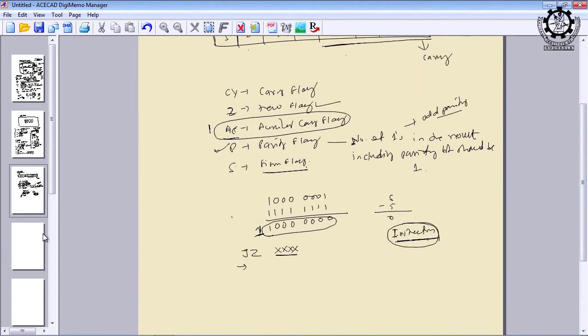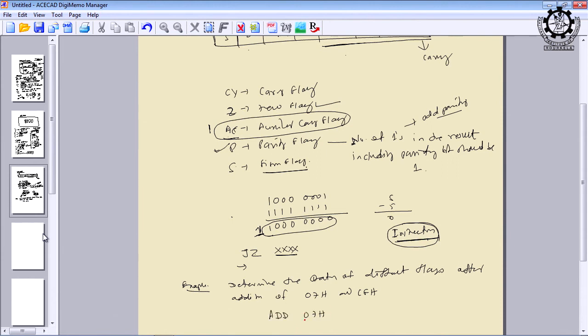So, anyway, let us solve a small problem on how to keep track of these flags. Example: determine the status of different flags after addition of 07H and CFH, where H stands for hexadecimal.